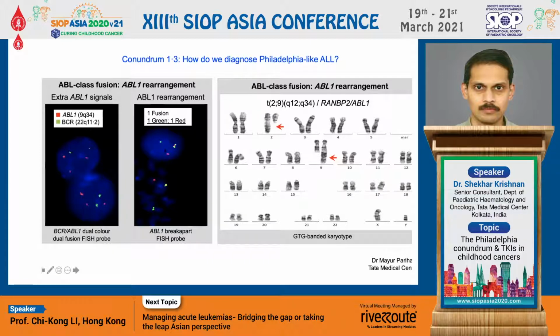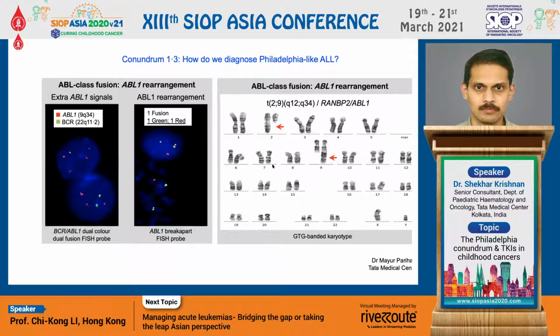You can see here that the ABL is split, suggesting that there is a rearrangement at the locus. If you now turn your attention to the rightward panel, which is a karyogram, what is evident is a structural abnormality representing fusion between genes at this particular locus. So this is determined cytogenetically both by FISH and by karyotype, but FISH is the earlier, easier, quicker way of picking it up, and the karyotype later.